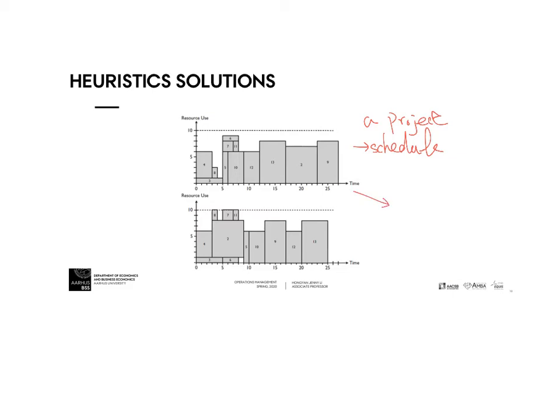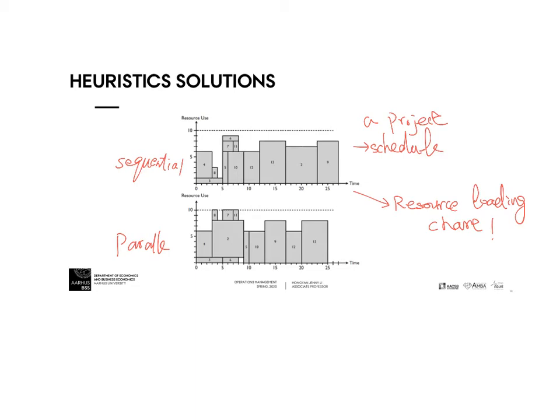This type of chart is called a resource loading chart. These two charts show the different schemes. The first one is the sequential scheme, the second one is the parallel scheme.